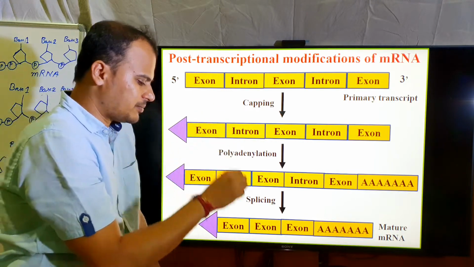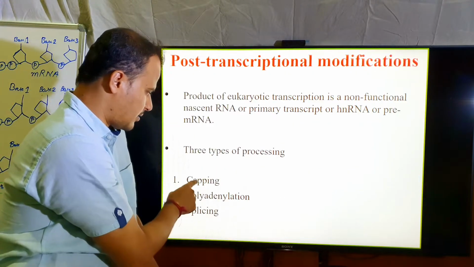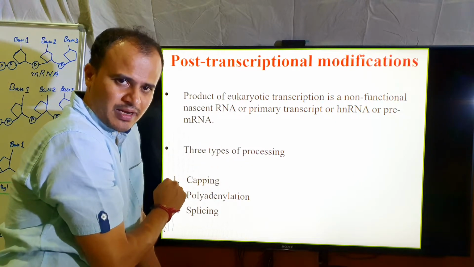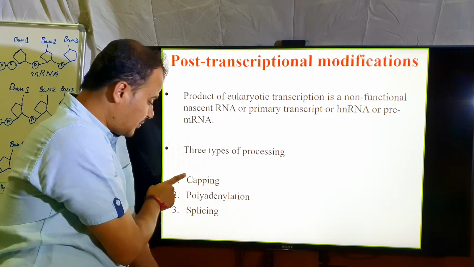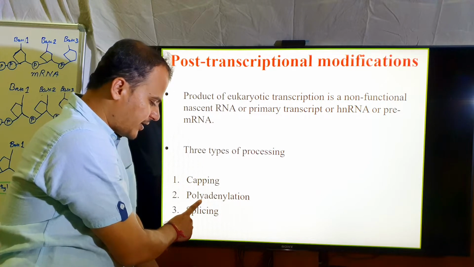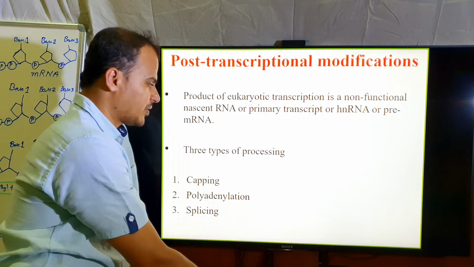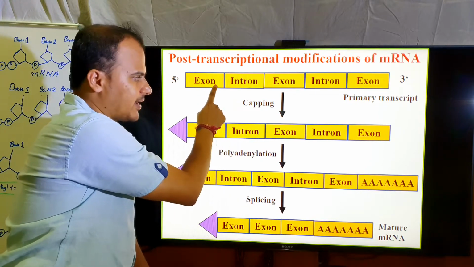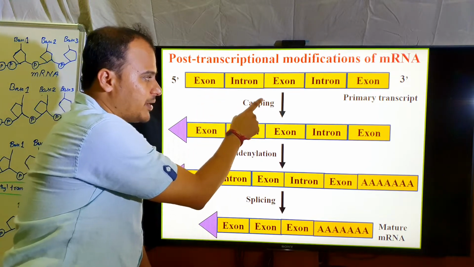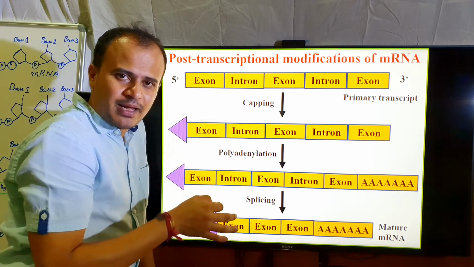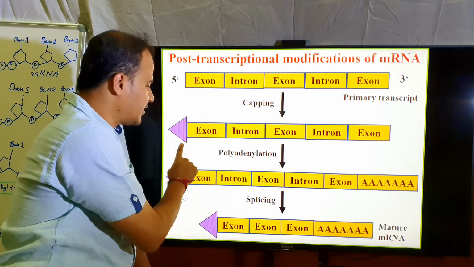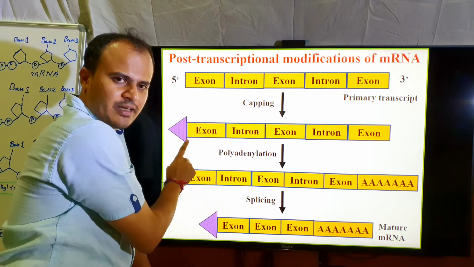As I said in the previous slide, there are 3 important types of mRNA processing, that is capping, polyadenylation and splicing. In case of the primary transcript, in the first step it undergoes capping. Capping means the addition of the 7-methyl guanosine to the 5' end of the mRNA.